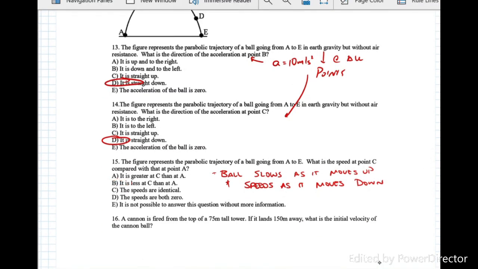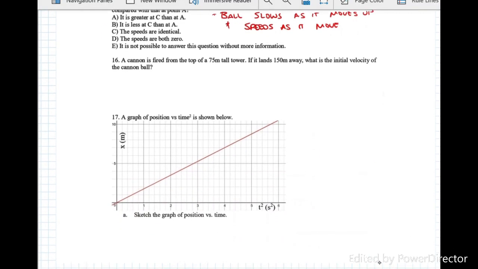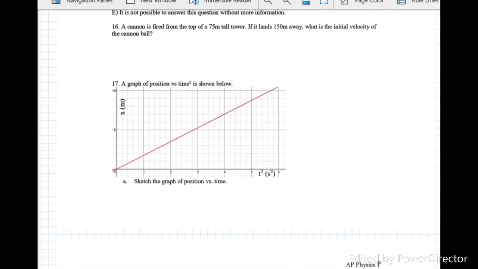All right, 16, we're firing a cannon from the top of a tall tower. It lands 150 meters away. What's the initial velocity of the cannonball? So, we're firing it off of a tower.